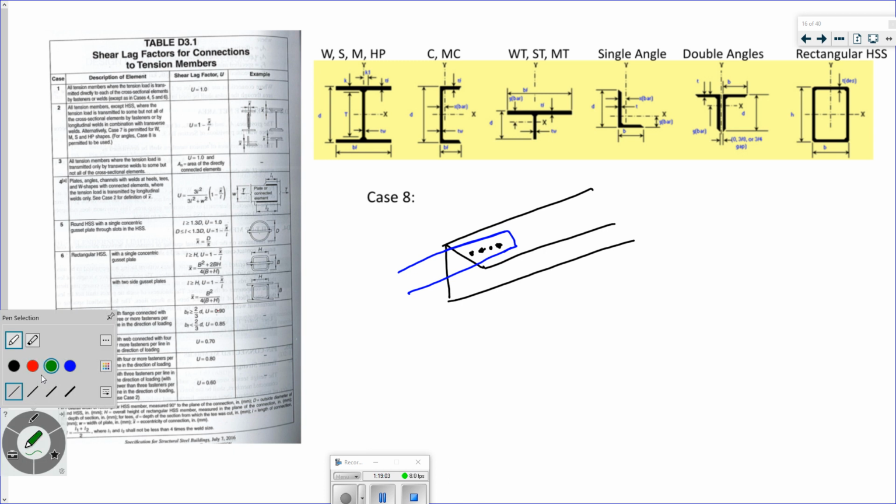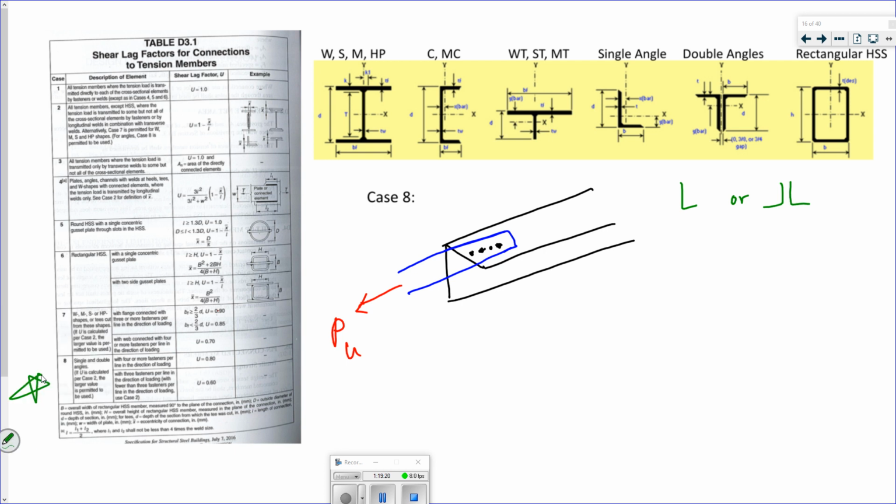So single angle or double angle with 3 or 4 in line of loading, alright, parallel to Pu.